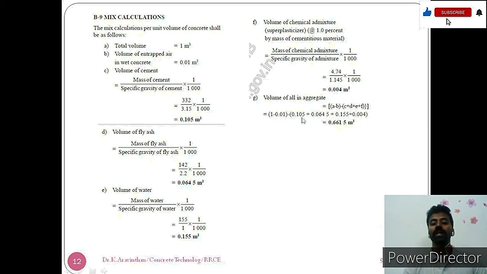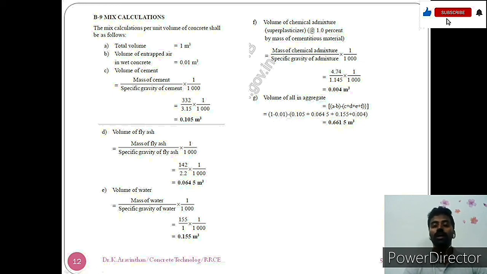The remaining part is aggregate, including fine and coarse aggregate. So the calculation will go like this, that is A minus B, that is total volume minus air. So you will be having the total ingredient component.